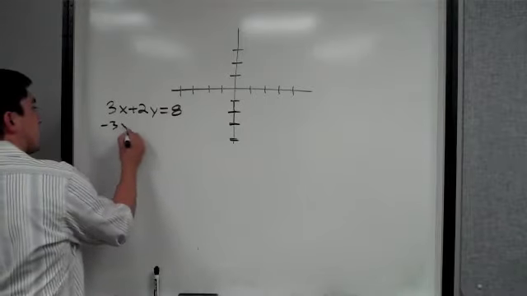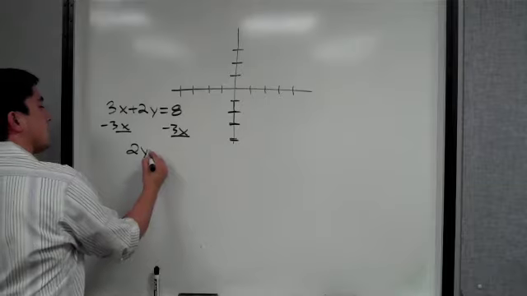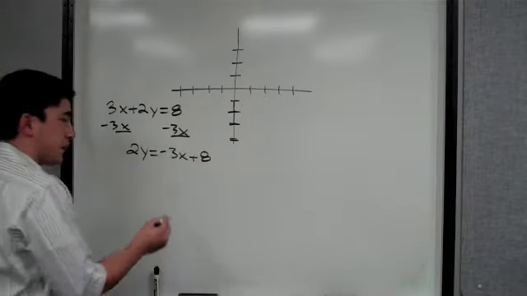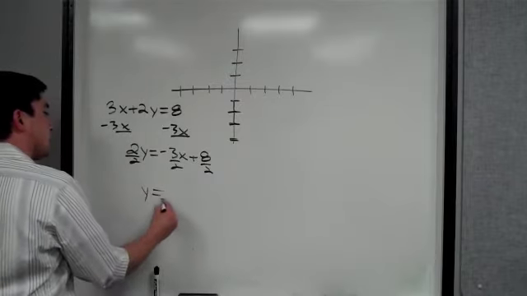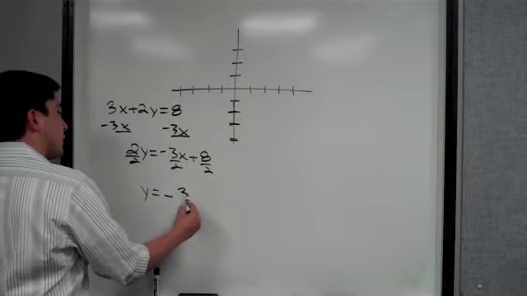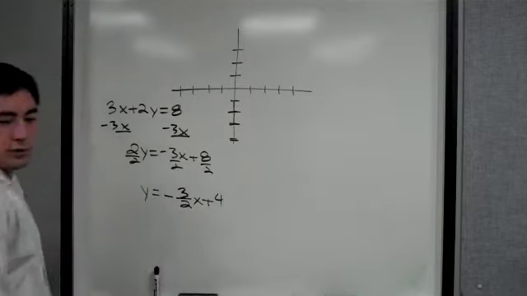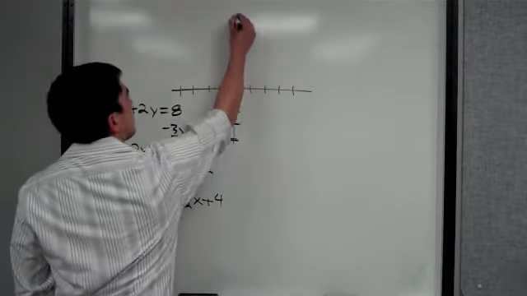So you subtract 3x. We're left with 2y equals negative 3x plus 8. And then divide by 2. So y is equal to negative 3 halves x plus 4. 8 divided by 2 is 4. So therefore, our intercept is 4.